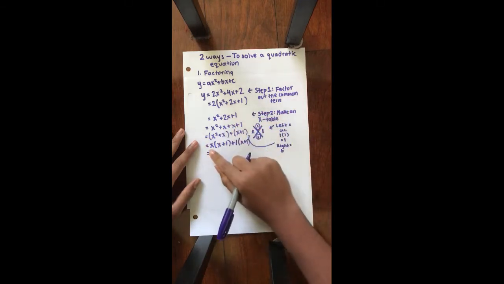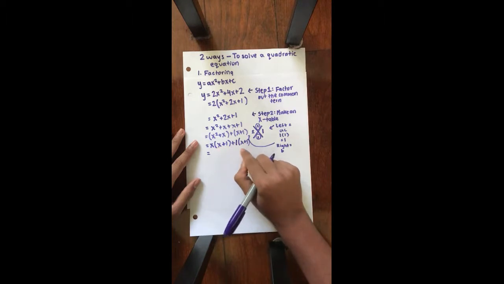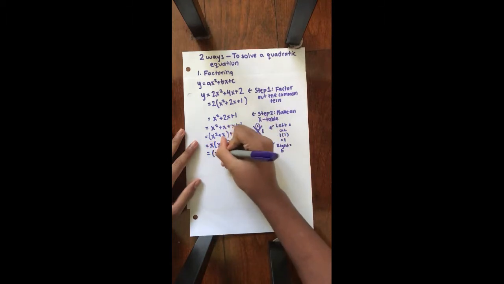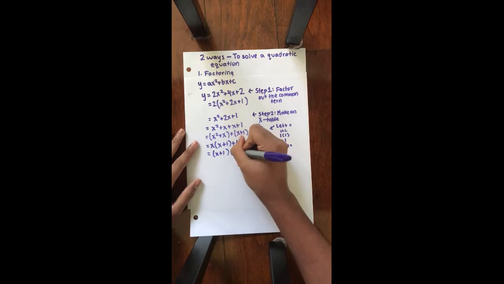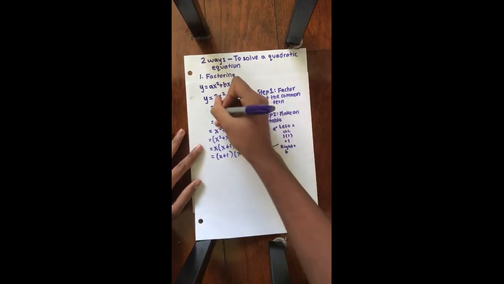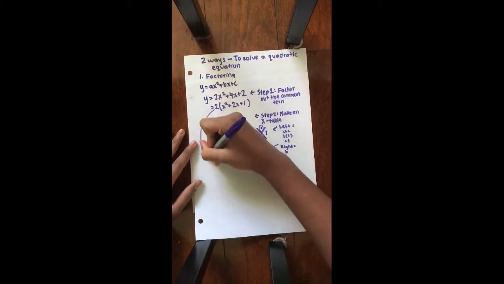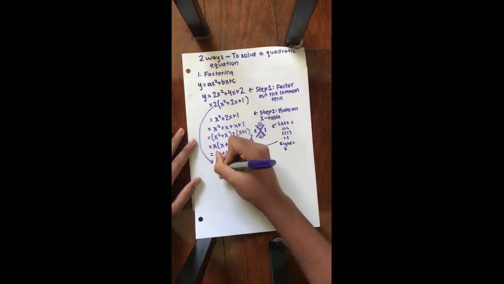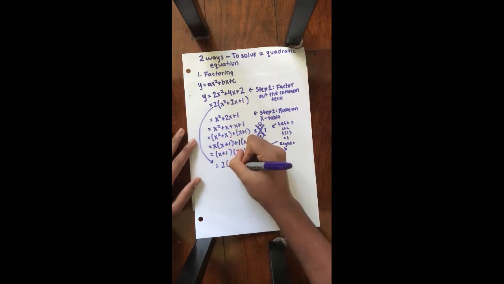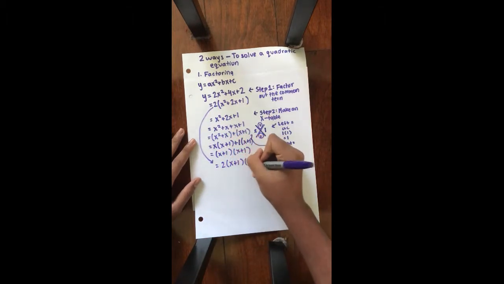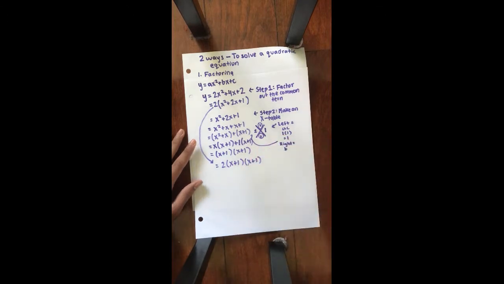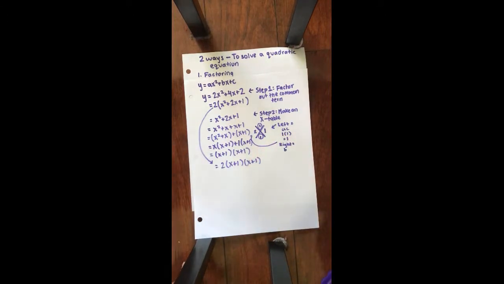So then we get x plus 1 times x plus 1. And since we have a 2 here, we can bring that down, so now we have 2 times x plus 1 times x plus 1. So we have factored this equation, 2x squared plus 4x plus 2.